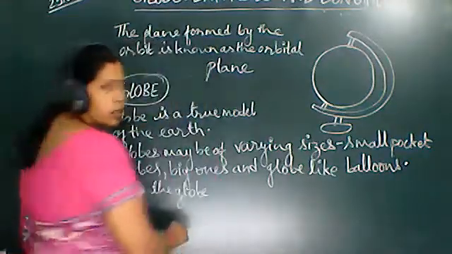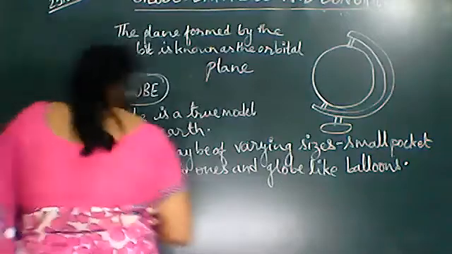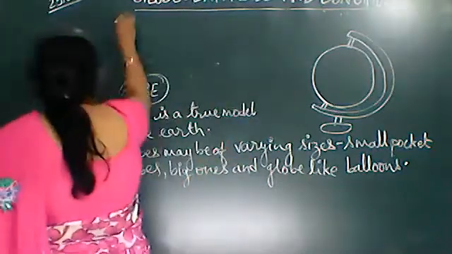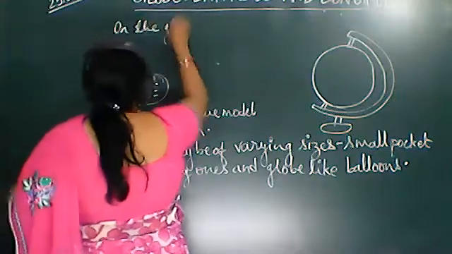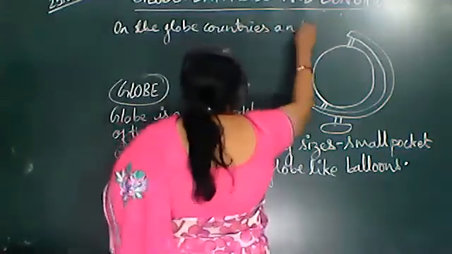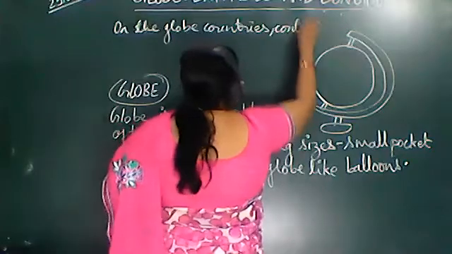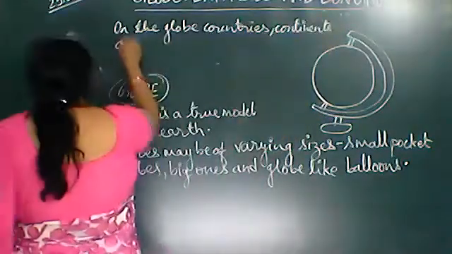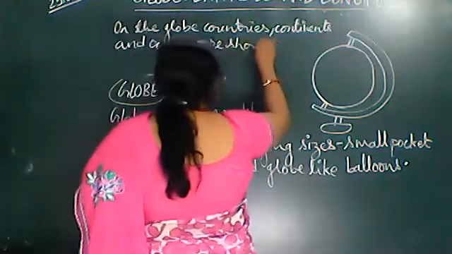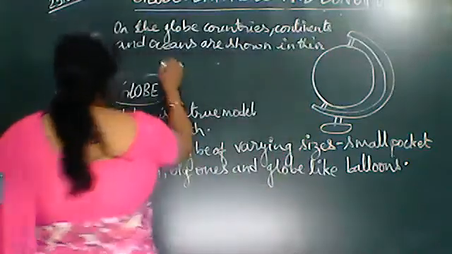On the globe, countries, continents and oceans are shown in their correct size.